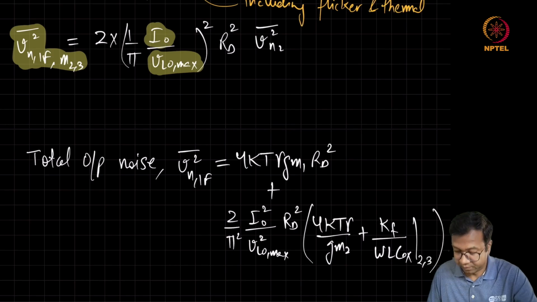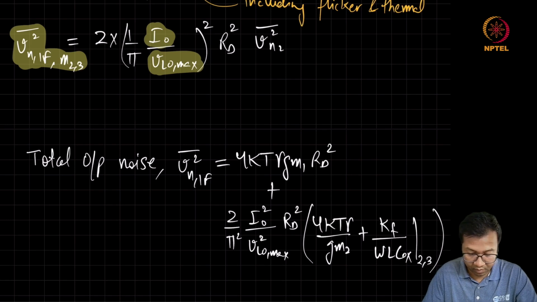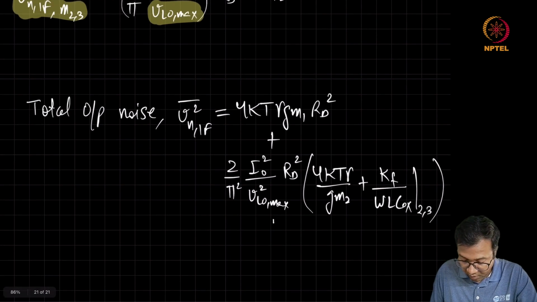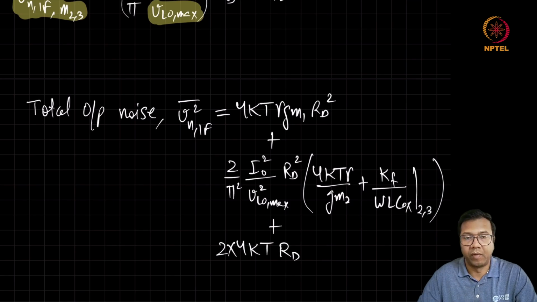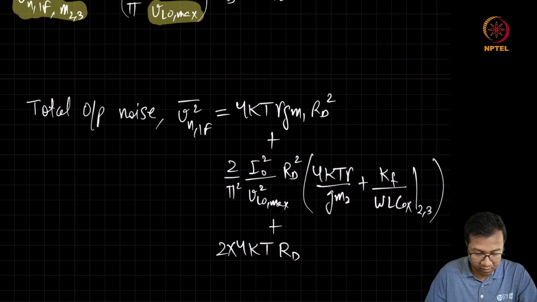Okay. So this is a contribution from the M2 and M3. And finally, due to the resistor, we are going to get 4kT RD, and it is going to be twice of it because we are taking the differential output. So both the RD are going to contribute.